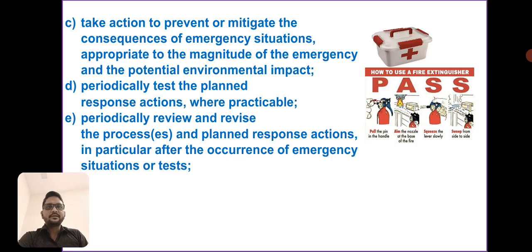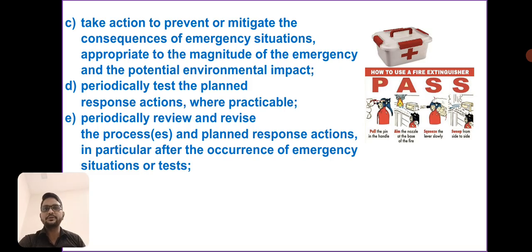Third, take action to prevent or mitigate the consequences of emergency situations, appropriate to the magnitude of the emergency and potential environmental impacts. We need to periodically test the planned response actions where practicable, and periodically review and revise the processes and planned response actions, in particular after the occurrence of emergency situations or tests.